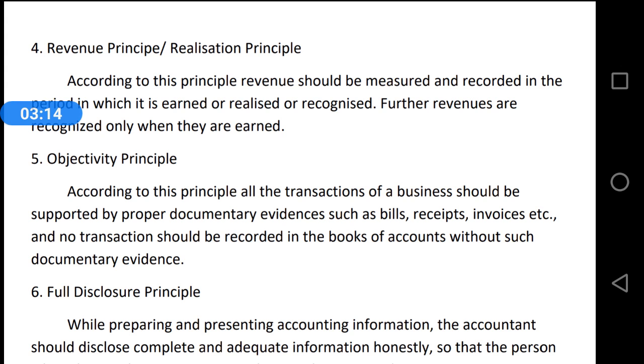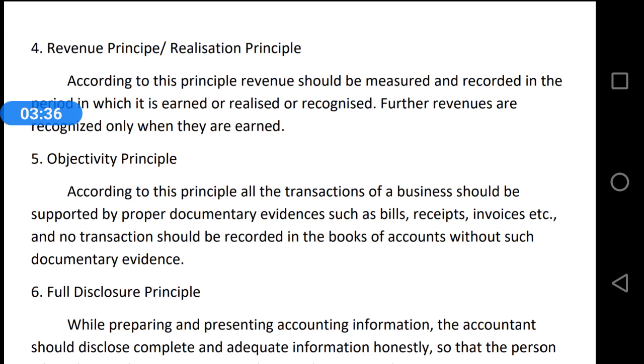So here the criteria for recognizing the revenue is transfer of ownership of the goods. When ownership is transferred to the buyer, the revenue will be recognized.